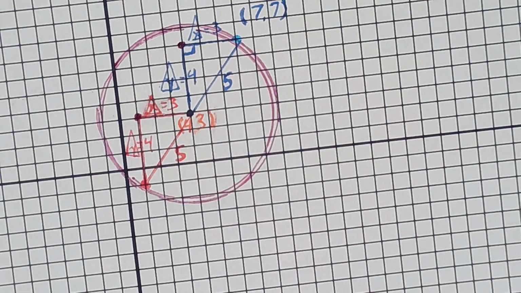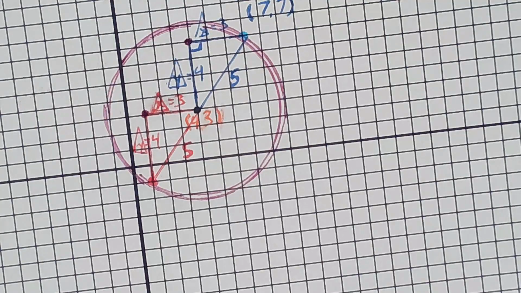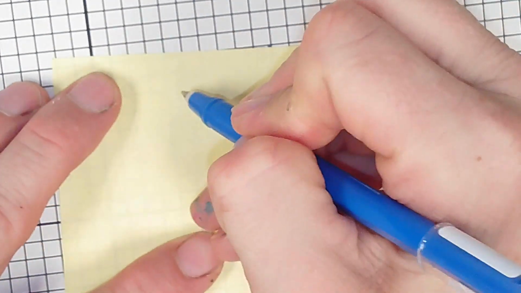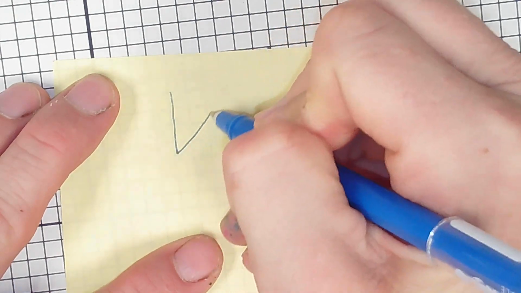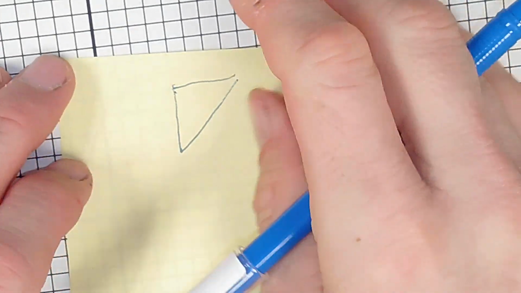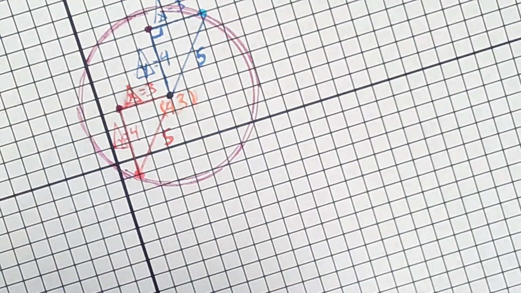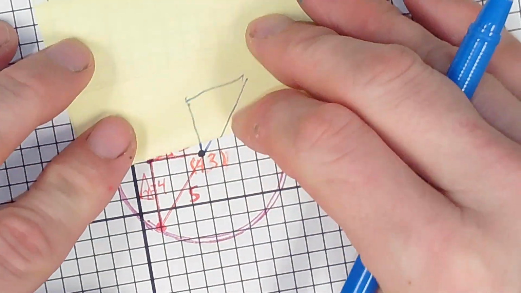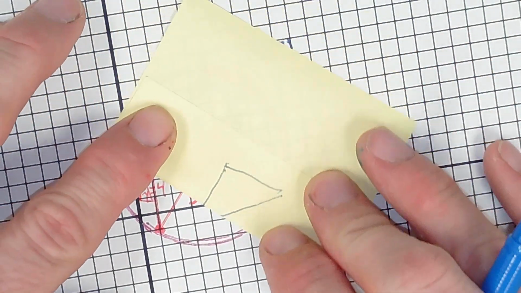Maybe I can make a quick little triangle here. I have this little triangle, and it's getting dragged around like this.